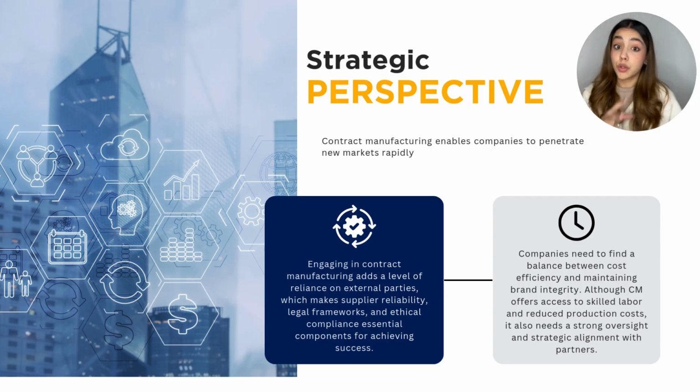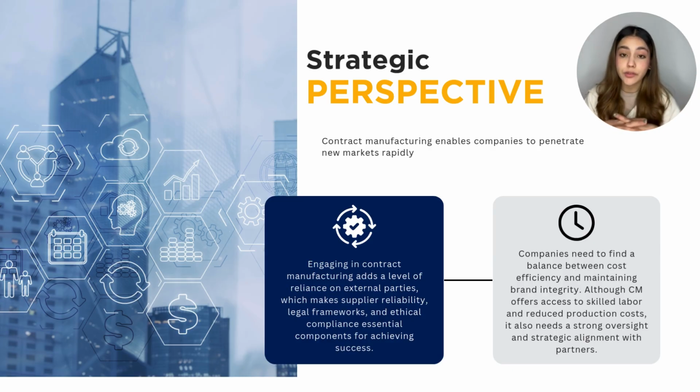Unlike fully owned subsidiaries, contract manufacturing introduces a layer of dependence on third parties, making supplier reliability, legal frameworks, and ethical compliance critical factors for success. Mismanagement of the supply chain can lead to reputational damage, regulatory issues, or disruptions that affect market performance. In the long term, companies must balance cost efficiency with brand integrity.